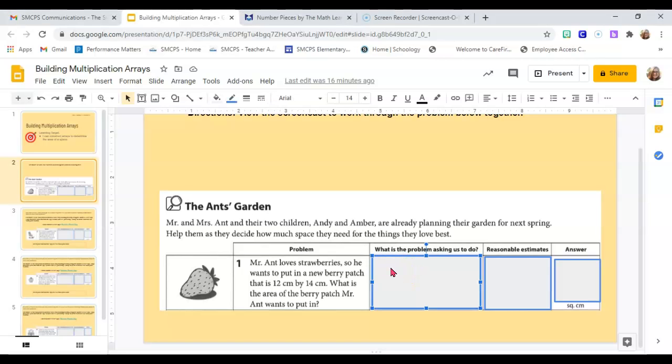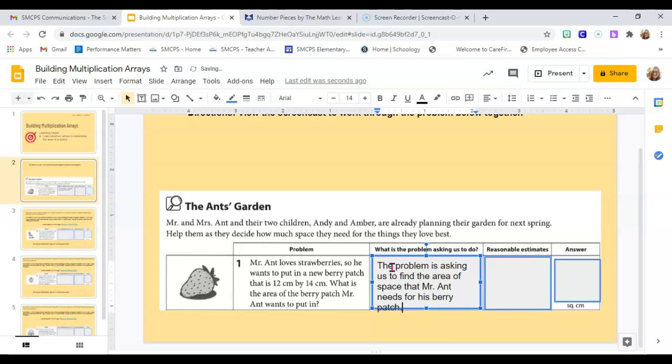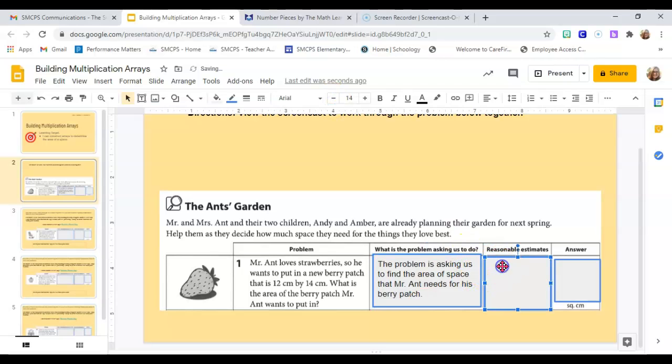So this problem is asking us to find the area of space that Mr. Ant needs for his berry patch. I can make this a little smaller. There we go. Now, a reasonable estimate.